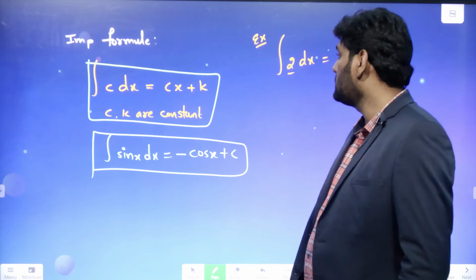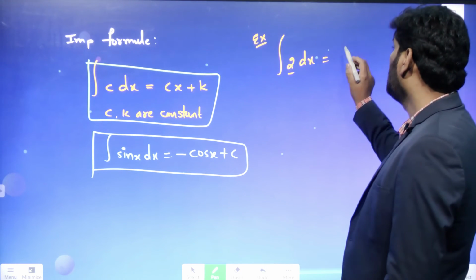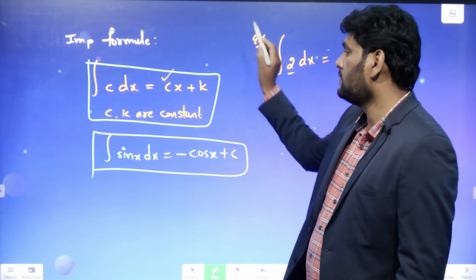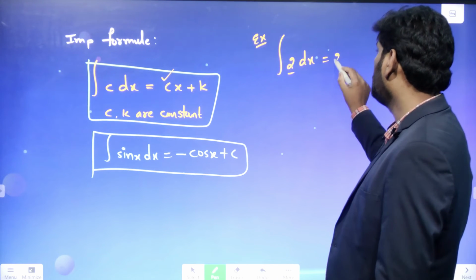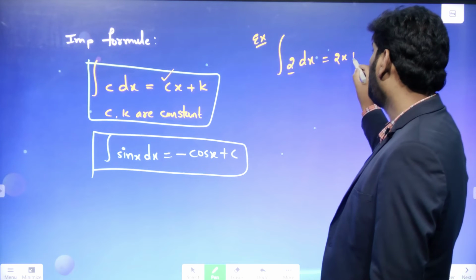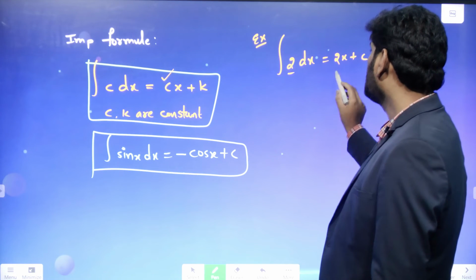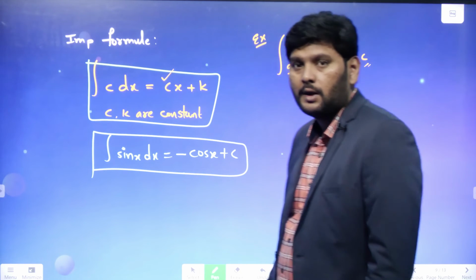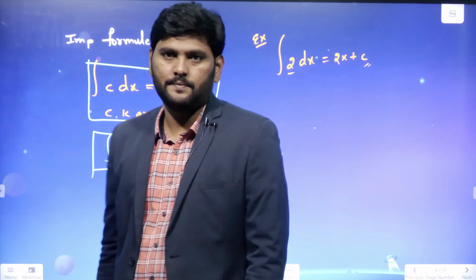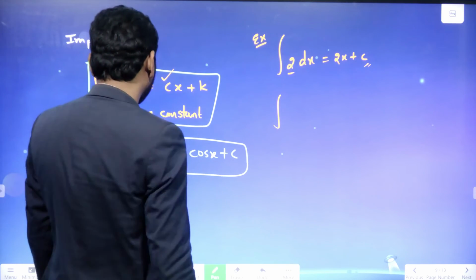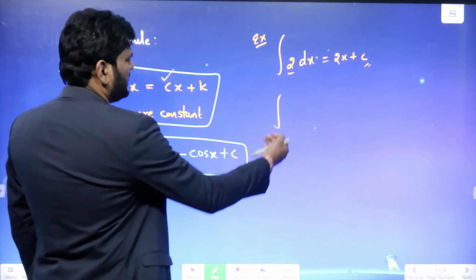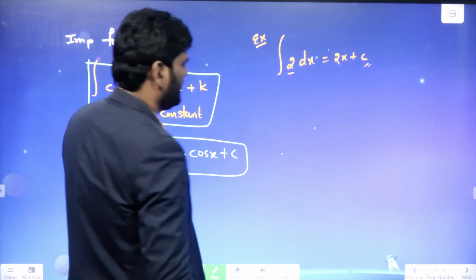When 2 is a constant, how do we integrate? You can use this formula and write 2 into x plus c. This is your answer for integration of a constant. Similarly, integral sin x you can use directly.